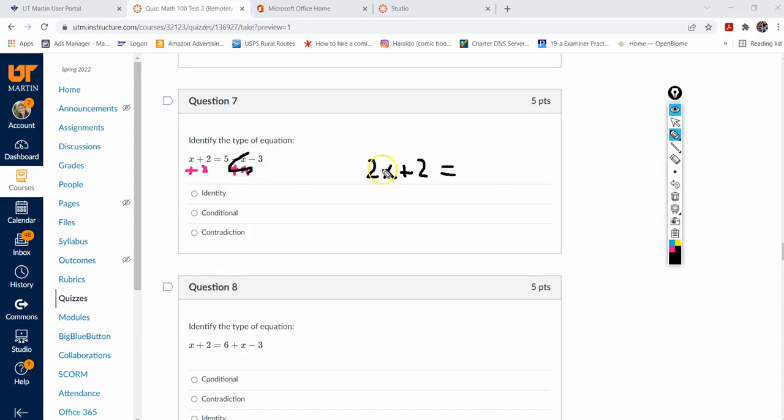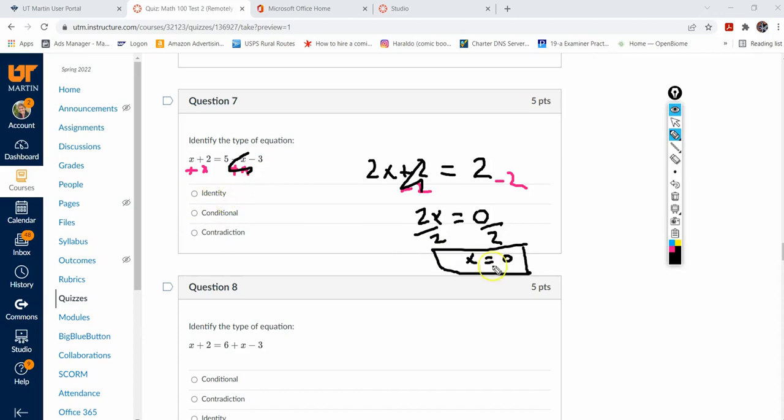I'm going to have 5 minus 3, which is equal to 2. Now I will subtract 2 from both sides. And so that's going to give me 2x is equal to 0. Then I can solve this for x by dividing both sides by 2. And so x is equal to 0. I have one answer for my solution here.